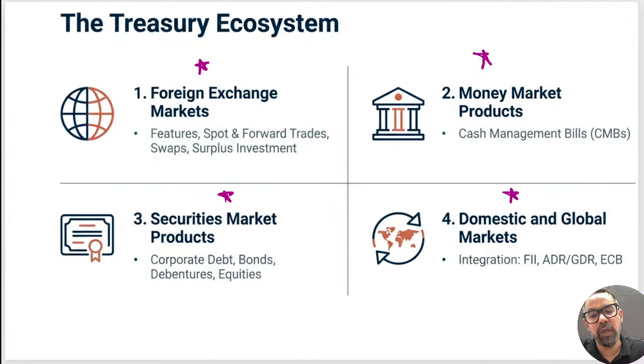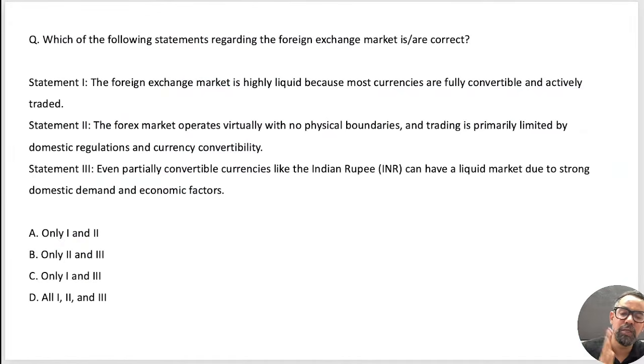These are the products, which we have read, most of them in our module A also, and today morning also we have revised these. The only part is money market things, so you have to go through those.